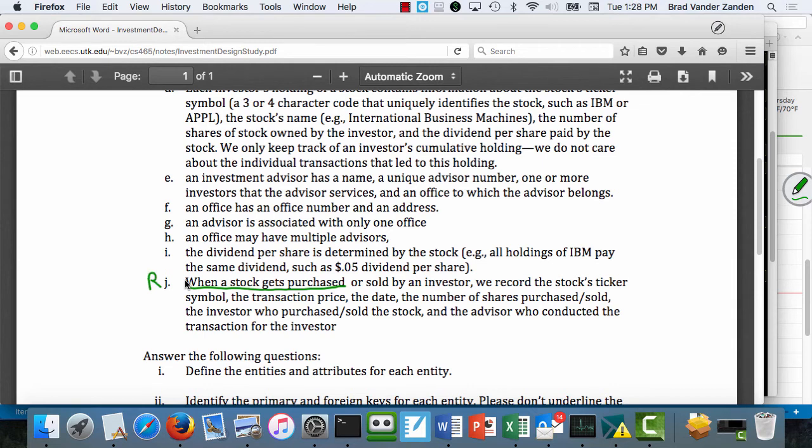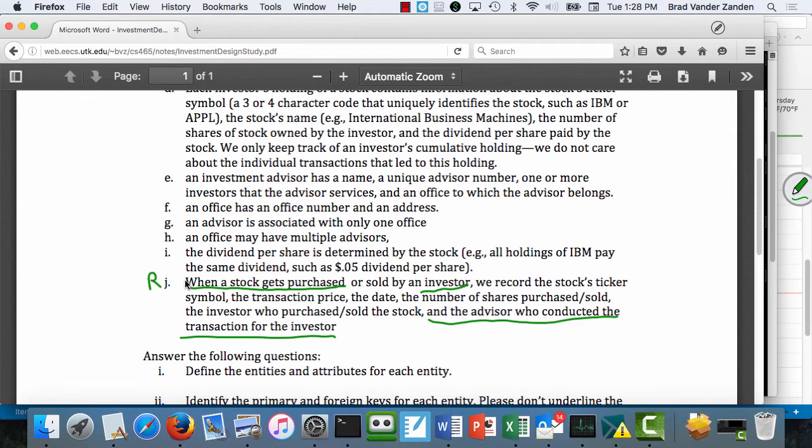Okay, when a stock gets purchased or sold by an investor, just a sec, Greg, I'm going to finish this. A stock gets purchased by an investor and the advisor who conducted the transaction for the investor. So it sounds like a stock gets purchased by an investor, or an advisor purchases a stock on behalf of an investor, sounding like a relationship.